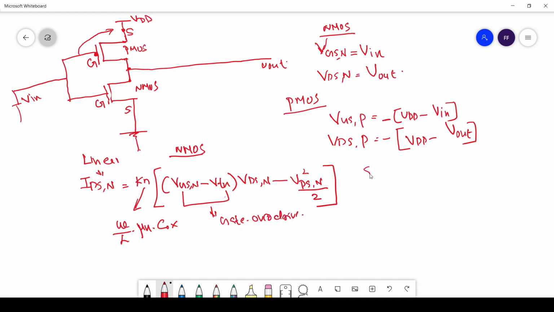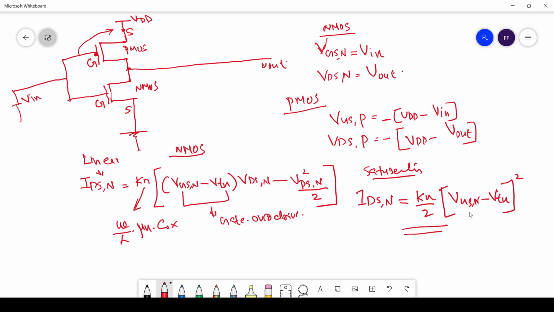Now for saturation, the current equation will be like this: IDS of N in saturation is equal to Kn by 2 into VGS of N minus VT of N the whole square.